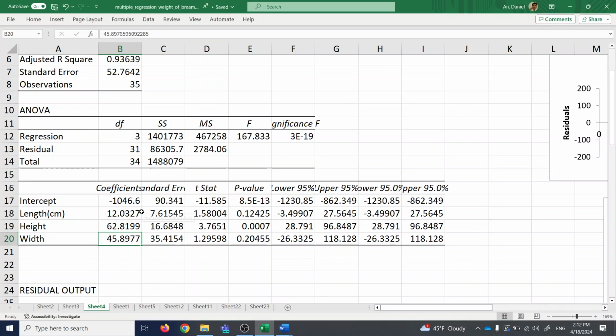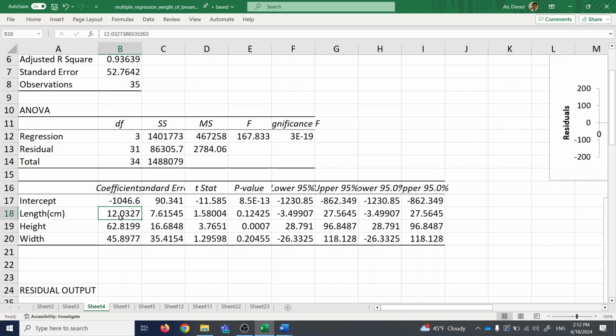Okay? And then there are some other values here. Let me just talk about this one. I don't know why it repeats the same thing twice, but these two values are the confidence interval for each value. So I have the coefficient beta 1 as 12, but this is all just the estimate you get from your sample, right?